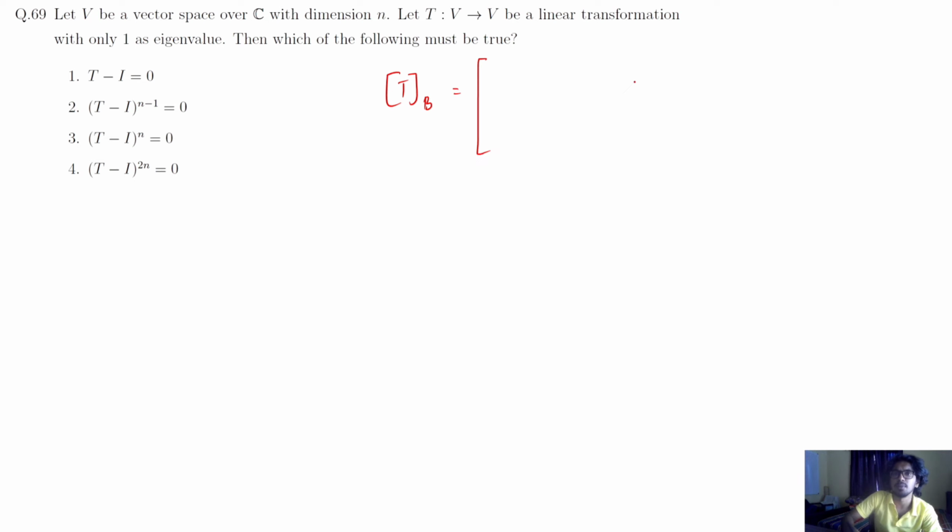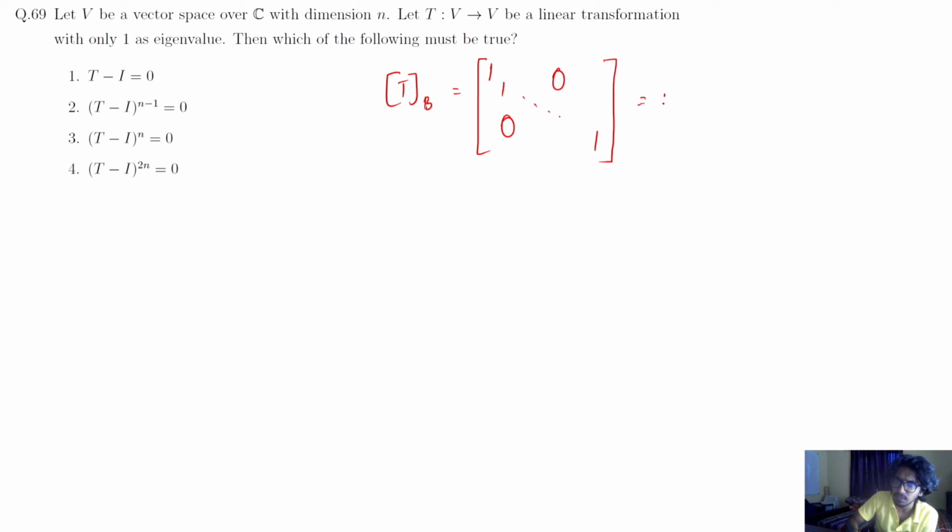For simplicity, let us consider it has 1 on the diagonal, and below the diagonal everything is 0. What is above the diagonal? That can be anything. If you consider 0 above the diagonal also, this is nothing but the identity matrix. For the identity matrix, all four options will be true. We are unable to discard anything, right?